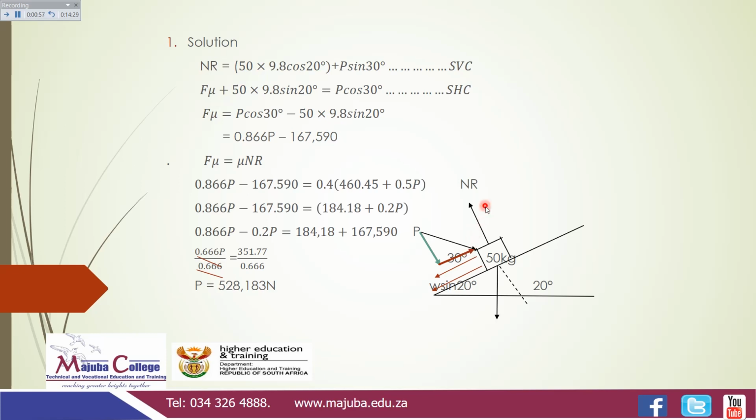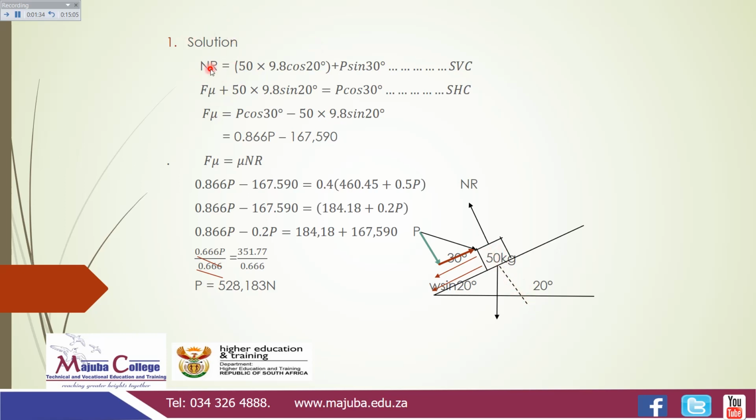So now, please identify all the forces and write them on your diagram. Then again, we are going to take the sum of vertical components and the sum of horizontal components. After you've labeled your diagram, you will see that your normal force will be opposed by the force going down, which will be P sine 30, and the perpendicular force, that will be W cos theta.